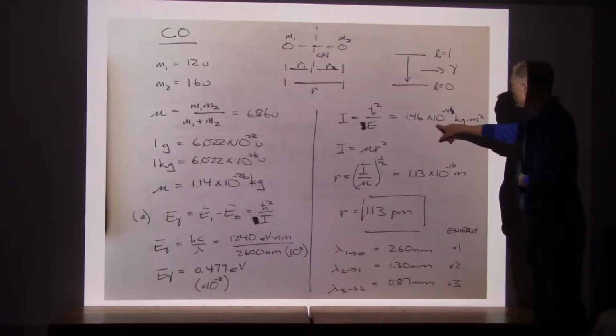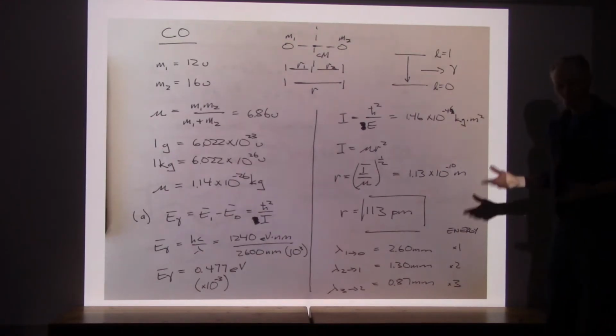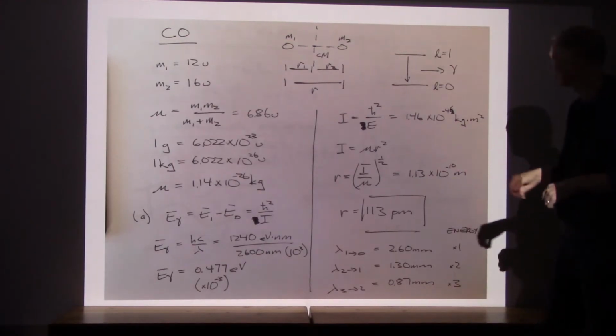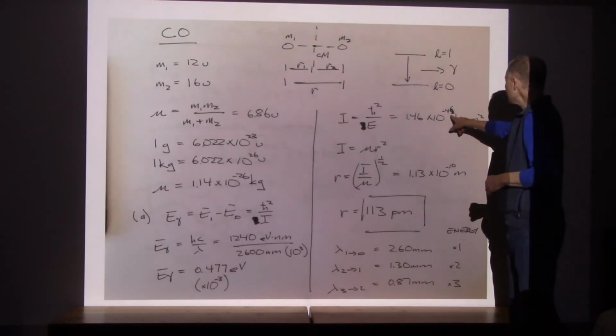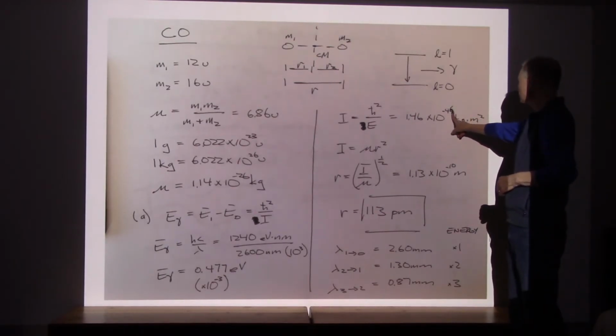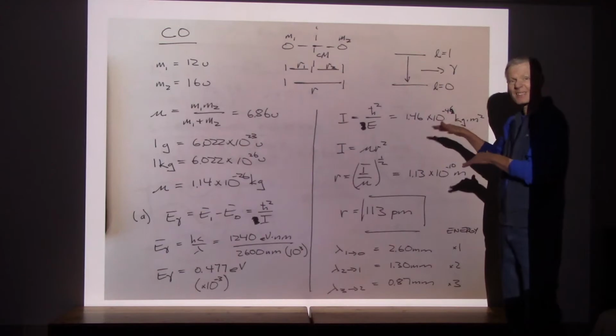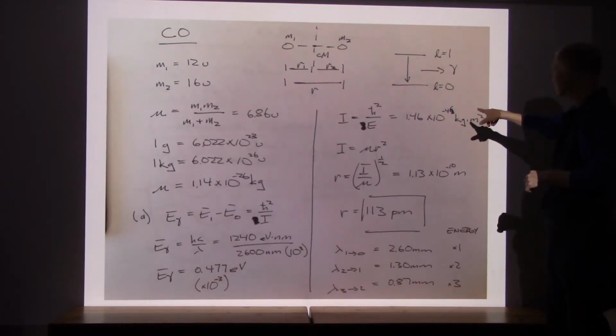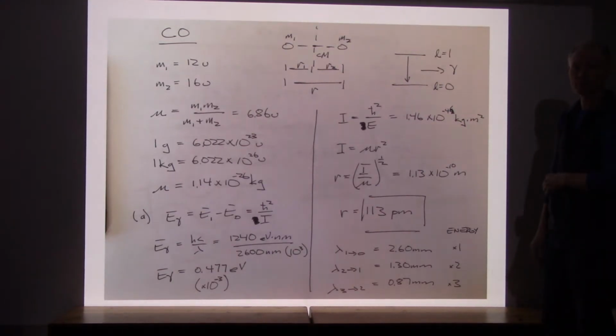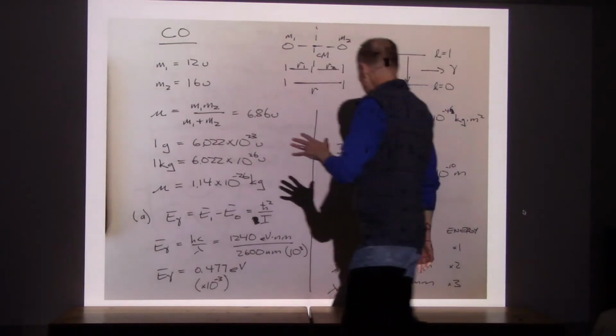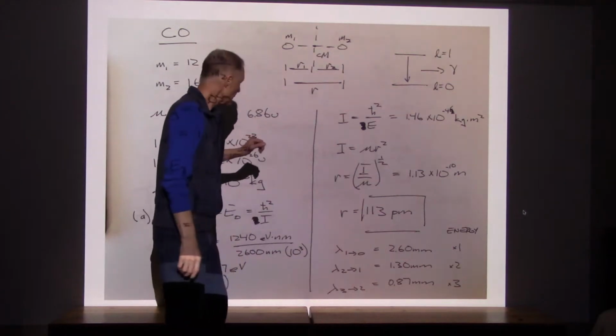That tells us that the rotational inertia for this carbon monoxide molecule is 1.46 times 10 to the minus 46 kilograms meters squared. That's in standard units, and it's a tiny, tiny number, as you would expect.